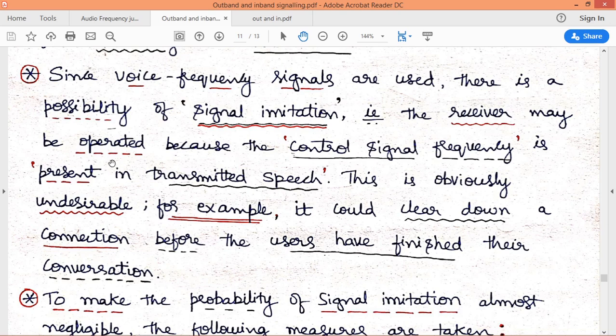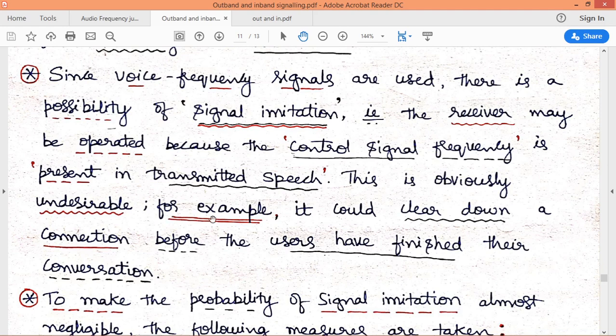Such things happen. That is what signal imitation is. Of course we need to minimize signal imitation, or the probability of its occurrence must be reduced with suitable design. And signal imitation is an undesirable characteristic produced by the in-band signaling system.